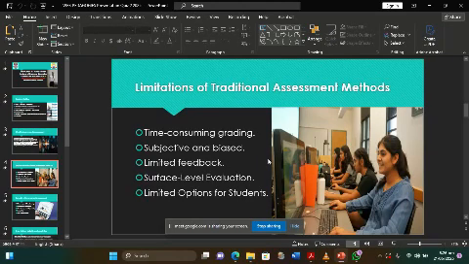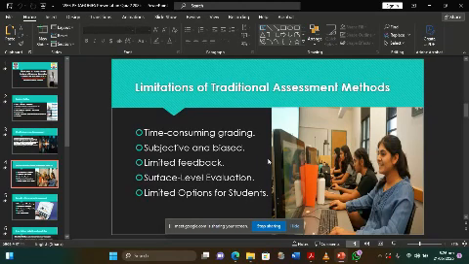The next point is subjectivity and bias. Grading sometimes depends on the teacher's judgment, which may not always be fair. Two teachers might give different marks for the same answer due to bias or personal interpretation, and this can lead to inconsistency.